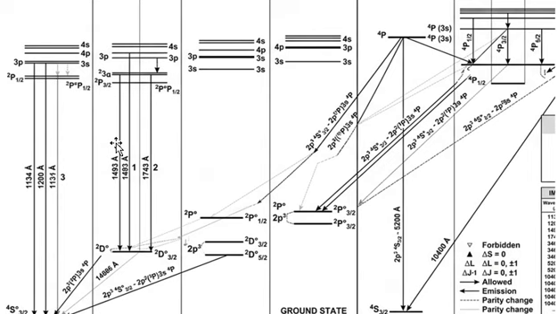So the transitions from odd to even, or from even to odd, will be the strongest transitions. The other selection rules that will be followed by these transitions are delta S is equal to 0, delta L is equal to 0 plus minus 1, and delta J is equal to 0 plus minus 1. These are the strongest transitions.